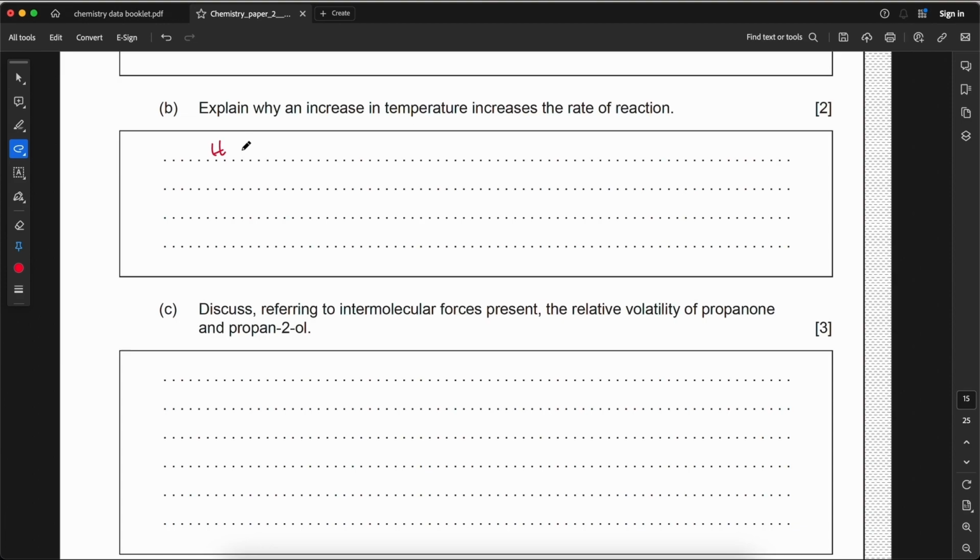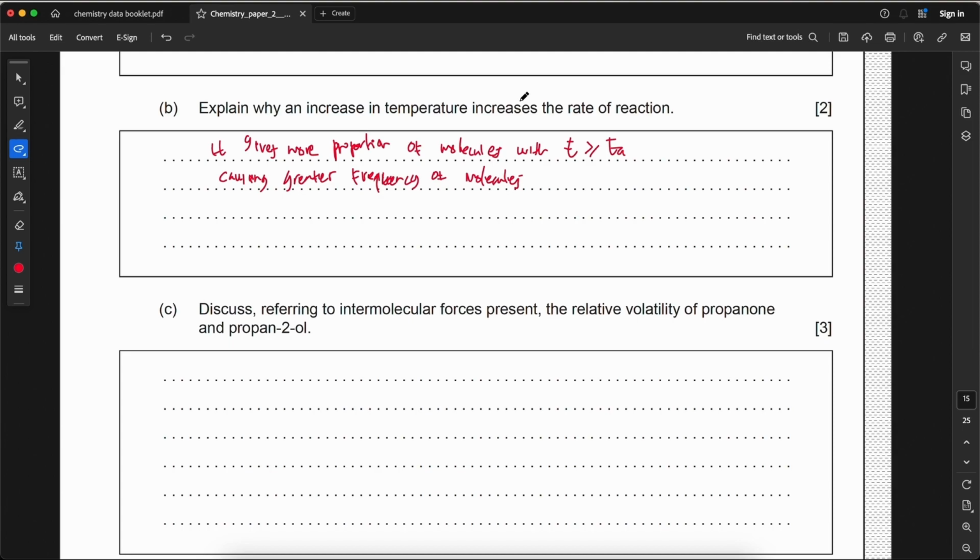Because when you increase the temperature, it will give more proportion of molecules with energy that is bigger or the same as activation energy, and this will cause greater frequency of successful collisions of molecules.